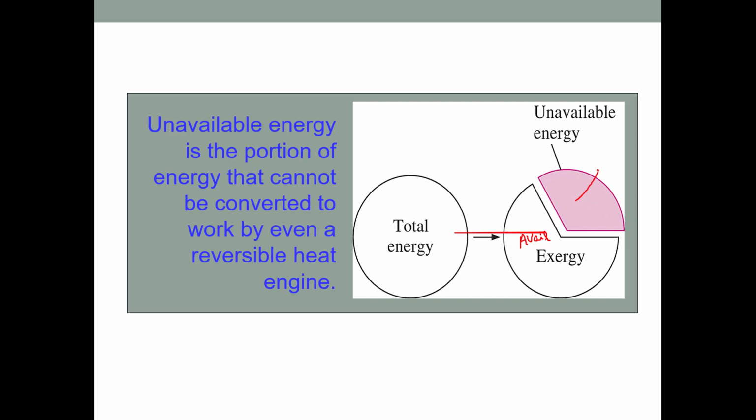Unavailability is that part of the heat which we have to supply to the ambient, right? This is a must, because we cannot create any system, any device which is free from that. We always have to give a certain part of the energy to the sink, right? I mean, according to the second law of thermodynamics, one part of the heat we have to provide to the sink. So this is that portion, unavailability.